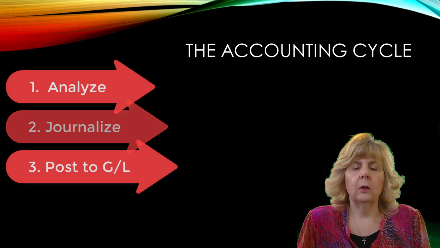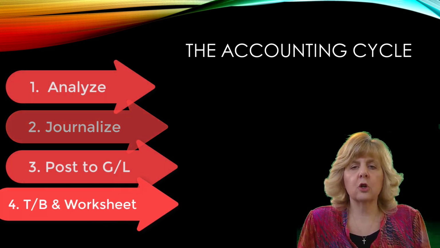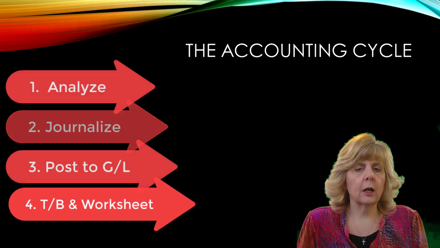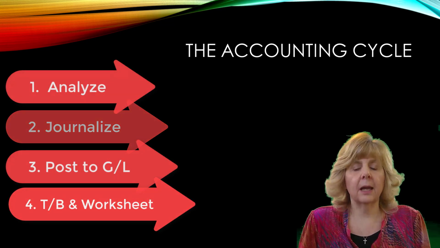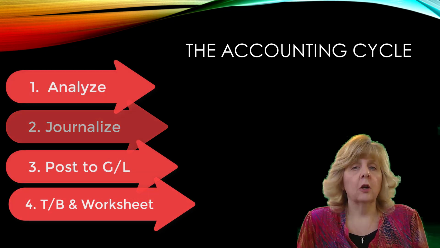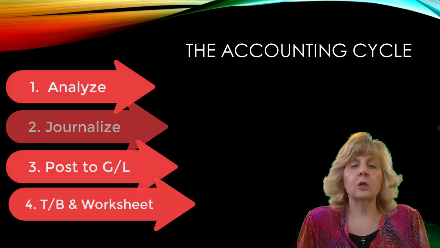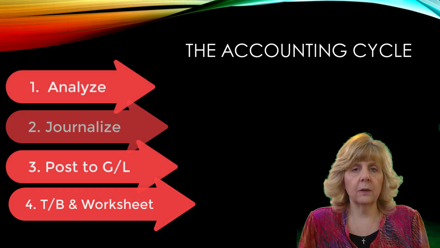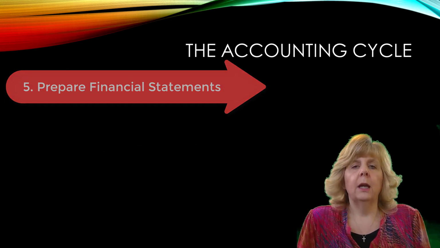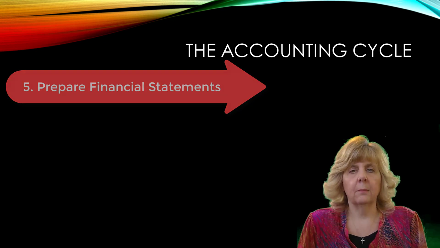After that, we learned how to complete a trial balance. This trial balance was the starting point for our next step in the accounting cycle, which is the worksheet. We learned that the worksheet was an internal tool used to gather the information needed for the adjusting process. After we completed the worksheet, we completed a set of financial statements for a company.